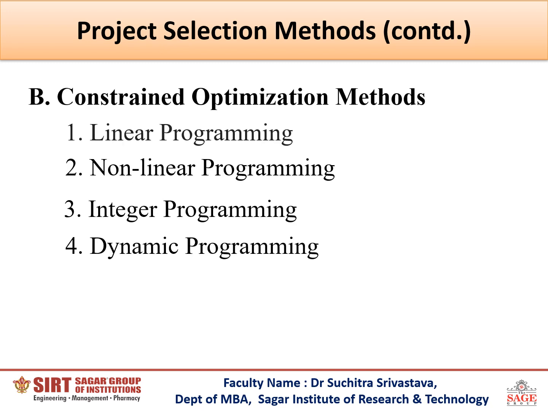Now, the second category of methods are the constrained optimization models. In this, we may use the linear programming, non-linear programming, integer programming, and dynamic programming.